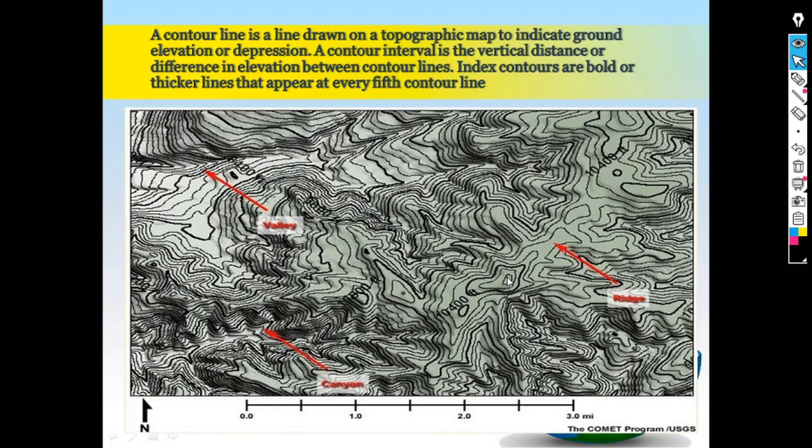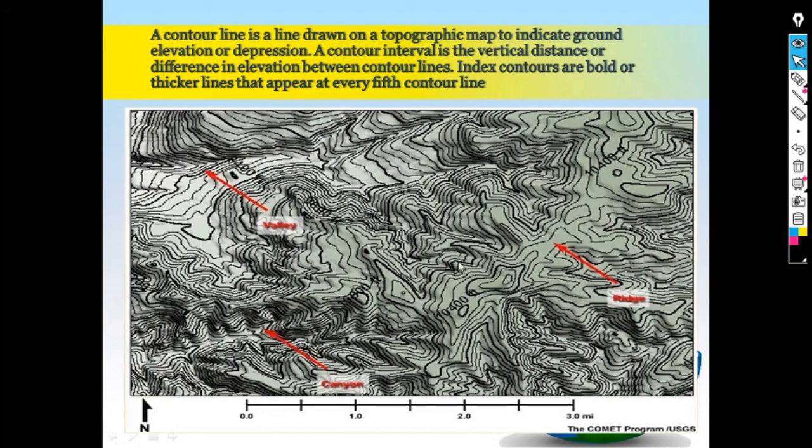This is one hillock, so the contours are closing in a small area. We can say this may be a mountain or elevated region where the elevation is the same along each line, and this is sloping. This is at higher elevation and this is at lower elevation.